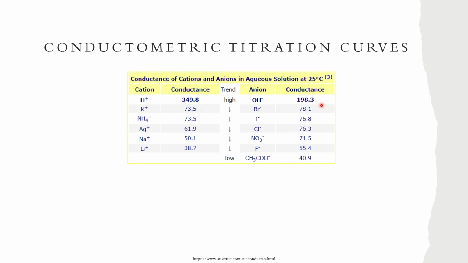Yes, when we're working with acids and bases, there are going to be other cations and other anions, but their conductivity compared to hydrogen and hydroxide is nowhere near as big. So you're probably going to see a dip in conductivity at those points of neutralization, where there isn't a lot of hydrogen and hydroxide, but there may still be a lot of the other spectator ions present.